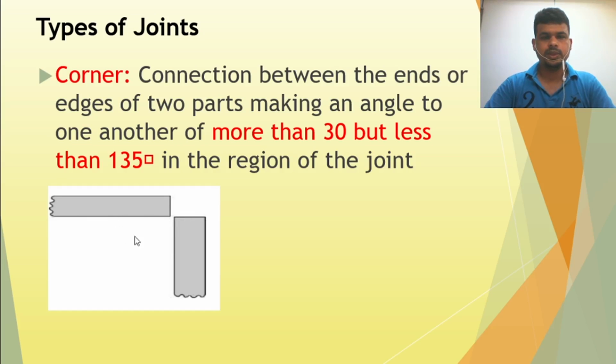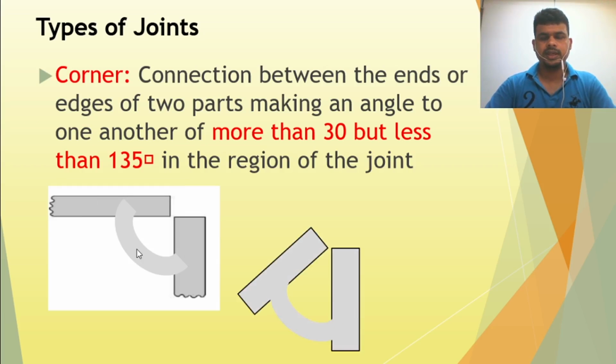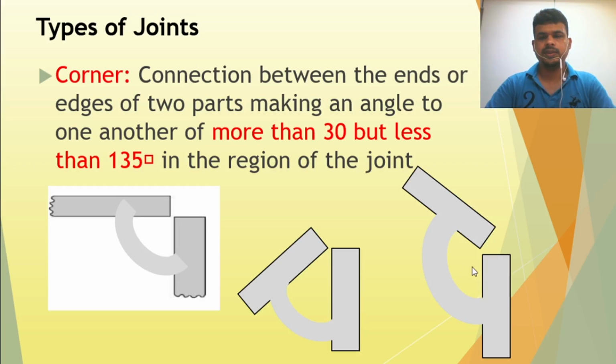So this angle should be more than 30 degrees but less than 135 degrees. Now this has the 90 degree, so this is considered a corner joint. If you see the next picture, I made it more than 30 degrees, so this one is also considered a corner joint. This is less than 135 degrees, here is the 90 degree, so this is the 135 degree, so this one is also considered a corner joint.